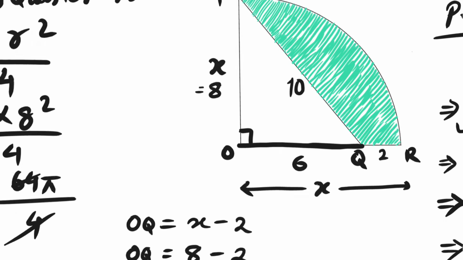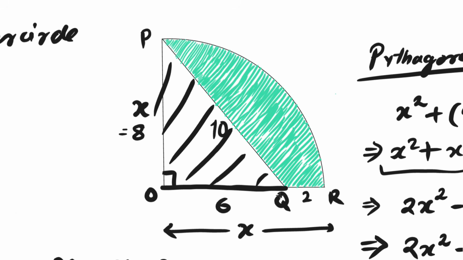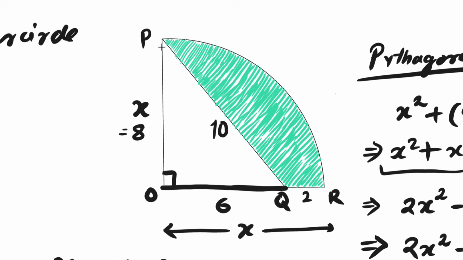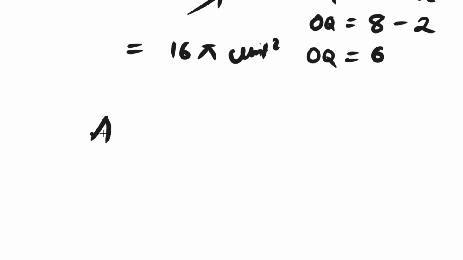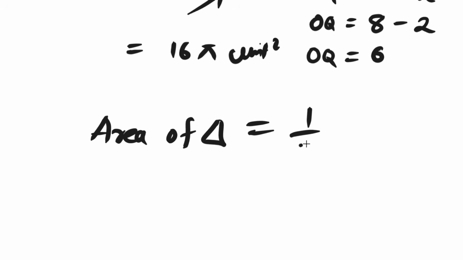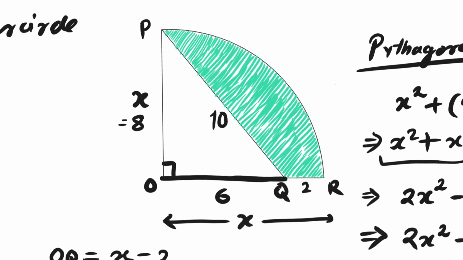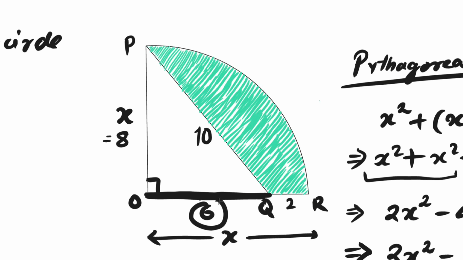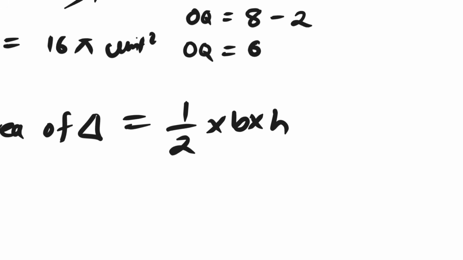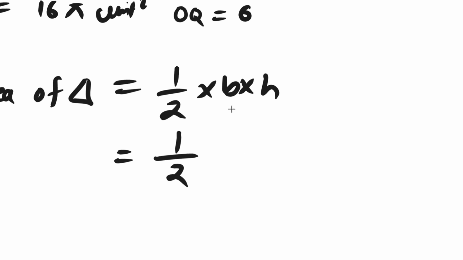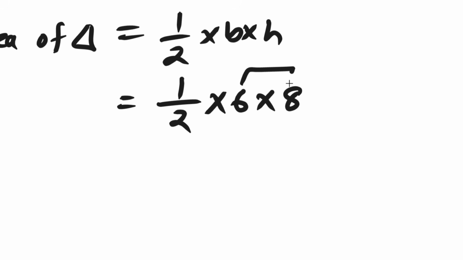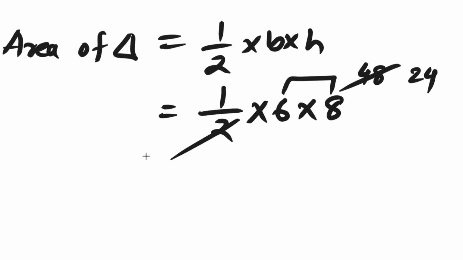Next, let's calculate the area of triangle POQ. The formula for the area of a triangle is 1/2 multiplied by base, multiplied by height. Here, the base is 6, and the height is 8. Substituting those values gives 1/2 times 6 times 8. 6 times 8 equals 48, and half of 48 is 24.